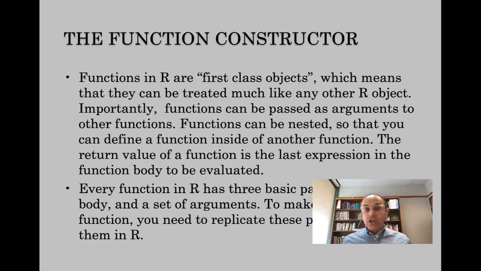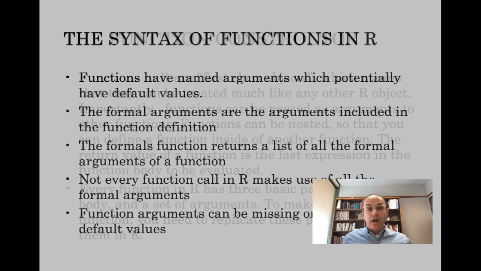A function in R is a first class object, which means that it can be treated much like any other R object, and the return value of a function is the last expression in the function body to be evaluated. Every function in R has 3 parts: a name, which is really important, a body, and a set of arguments. To make your own function, you need to replicate those parts and store them in R.